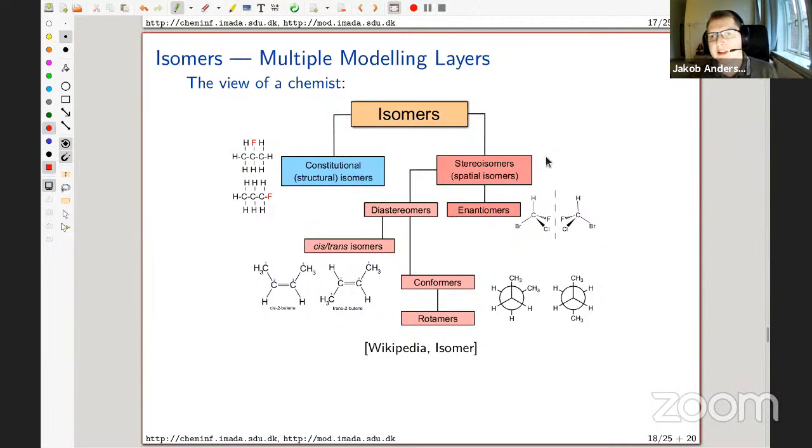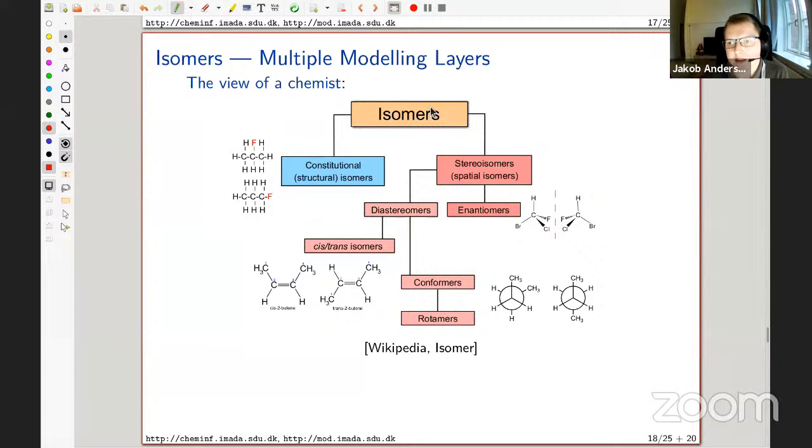If you go to a chemist and ask about stereoisomers, they might explain something like this diagram that I found on Wikipedia. And really this diagram is not so formal, because when they say something is isomers, they really speak about which morphisms exist between the molecules.